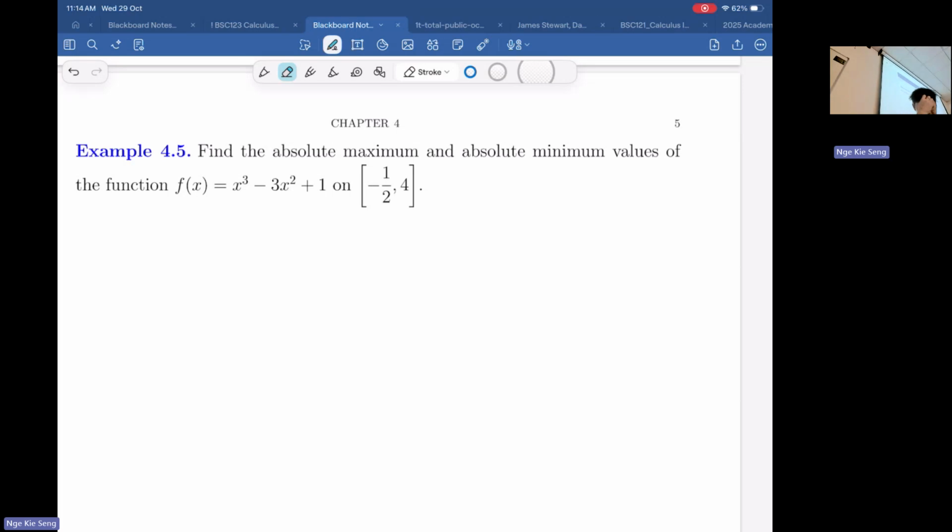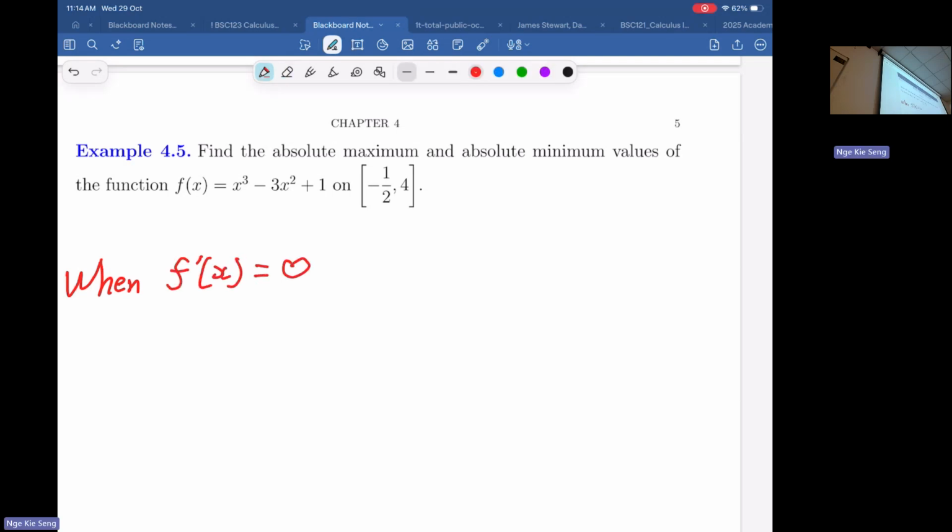So how to find them? You need to resort to the critical points method. What's the first thing you do? You check when f prime x equals 0.